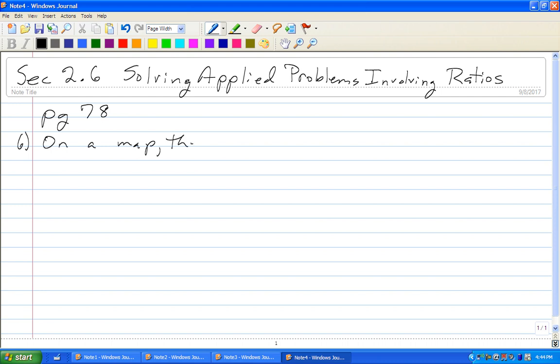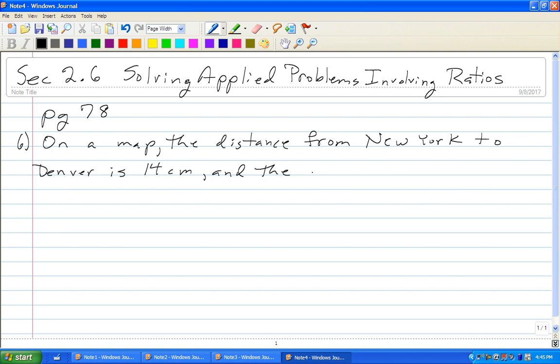The distance from New York to Denver is 14 centimeters, and the distance from Washington, D.C. Okay, let's do this again.